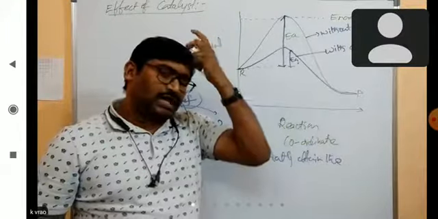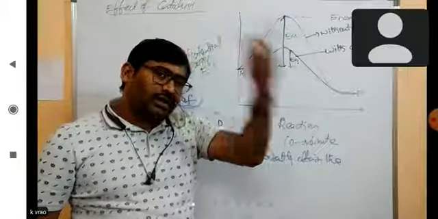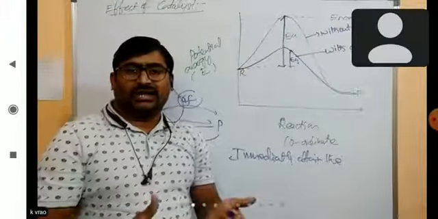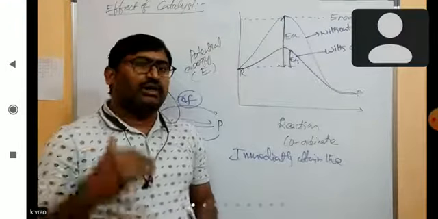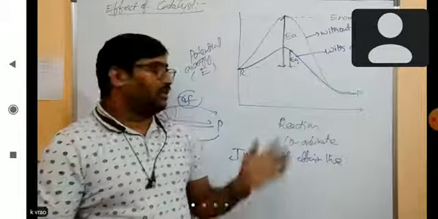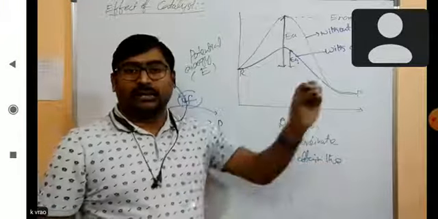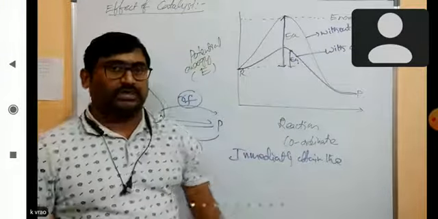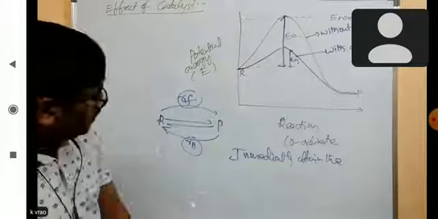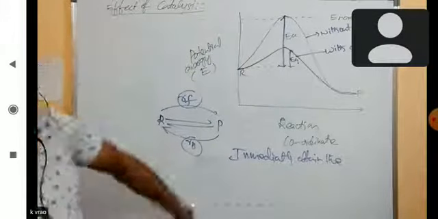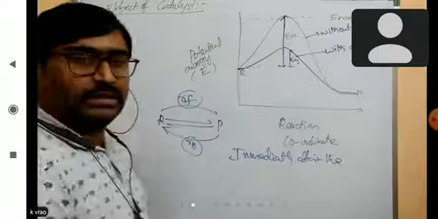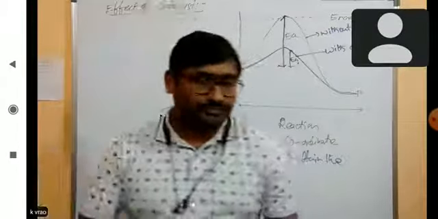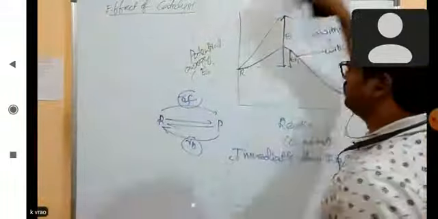How do you define the catalyst? It doesn't get involved in the reaction, but increases the rate of the reaction. That is called the catalyst, and it doesn't appear in the rate expression. That is the effect of the catalyst. Got it? Is it clear?